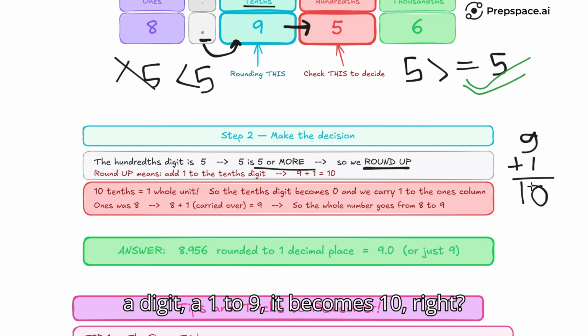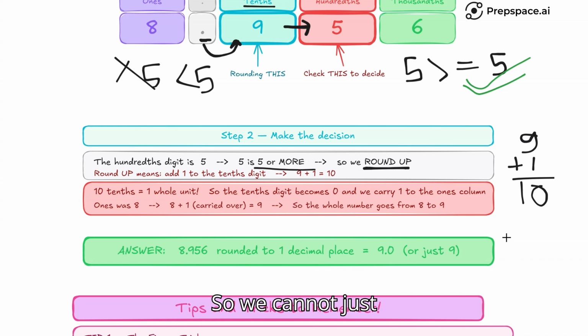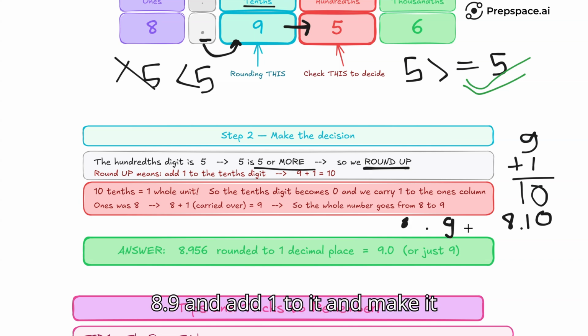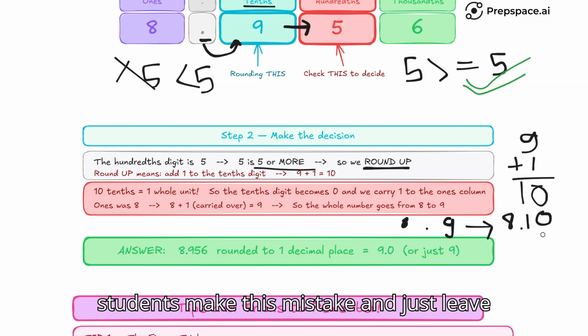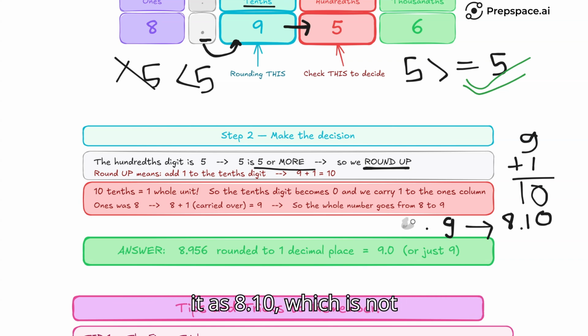It becomes 10, right? So we cannot just write 8.9 and add 1 to it and make it 8.10. That's not correct. It doesn't work that way. In exams, many students make this mistake and just leave it as 8.10, which is not correct.